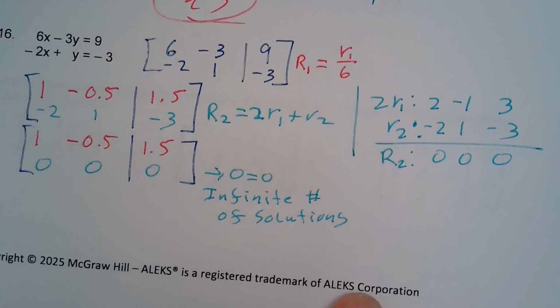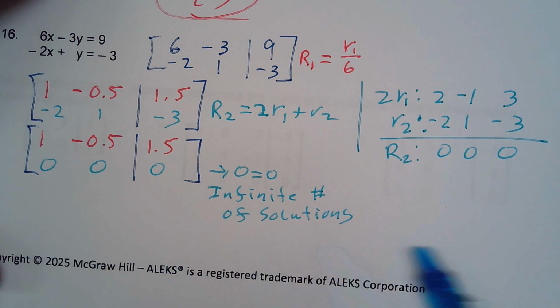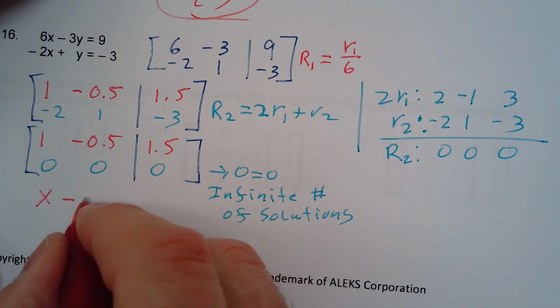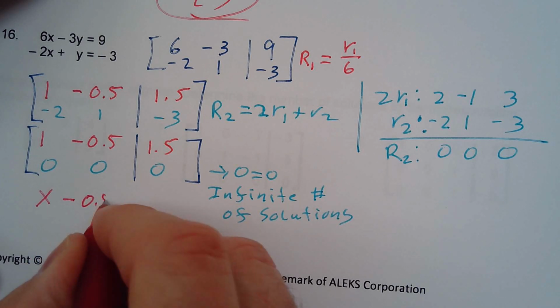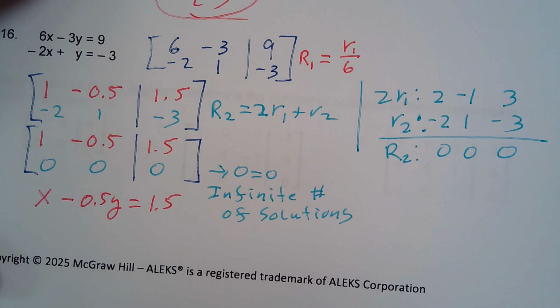And so this is where it gets a little complicated. We have to write this in terms of y. So what I need to do is write down that first equation: x minus 0.5y equals 1.5. I need to go ahead and solve for x.